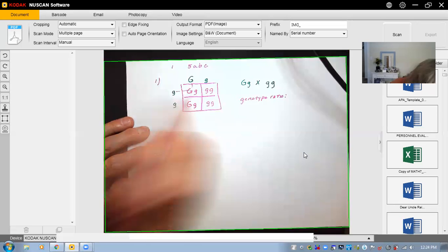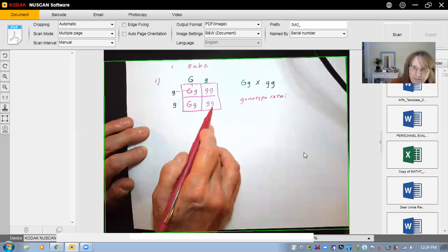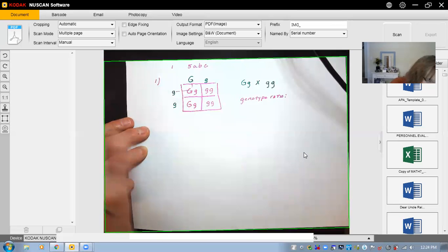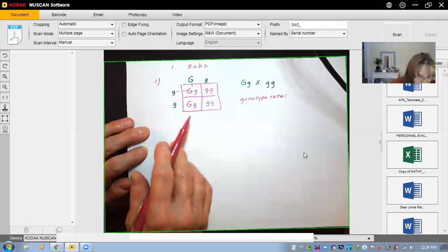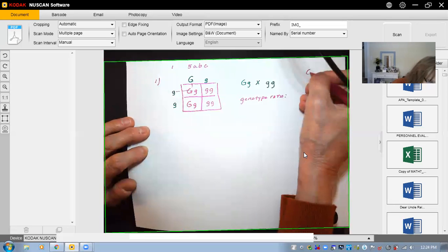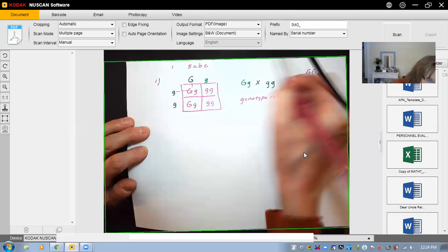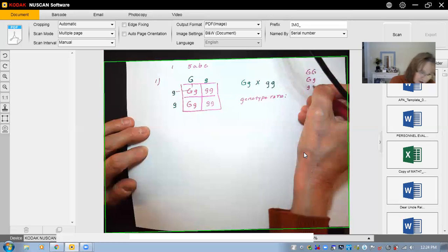This baby here has a genotype of lowercase g, lowercase g. That's the genotype. So when we talk about the genotype ratio for the Punnett square that we just did, we go through the process. All you're going to do is count. You look and see if there's any capital G, and then you look to see if there's any capital G, lowercase g. And then last, you look to see if there's any lowercase g, lowercase g. You just put it down in a ratio.